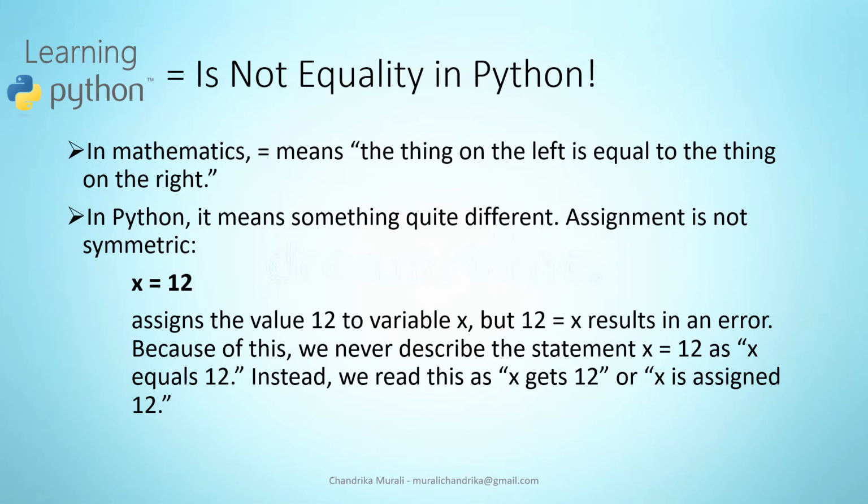Now variable x contains the value 12. You are not allowed to use statements like 12 is equal to x in computers for the same reason. Whatever the value you're giving on the right hand side will be assigned to the element on the left hand side. So we are storing 12 in the variable x.